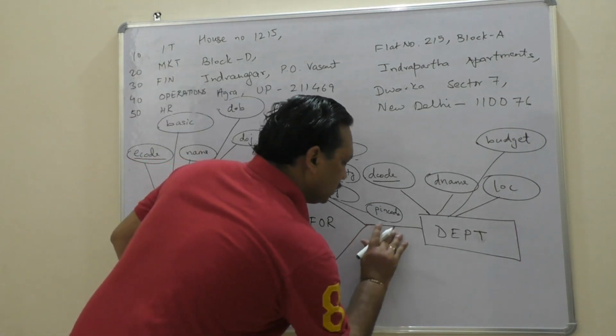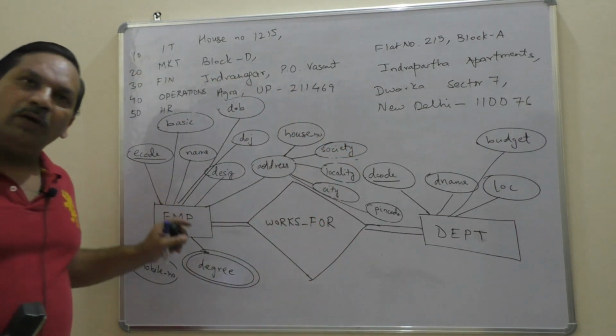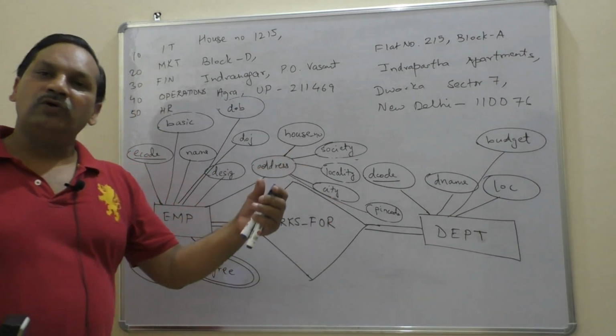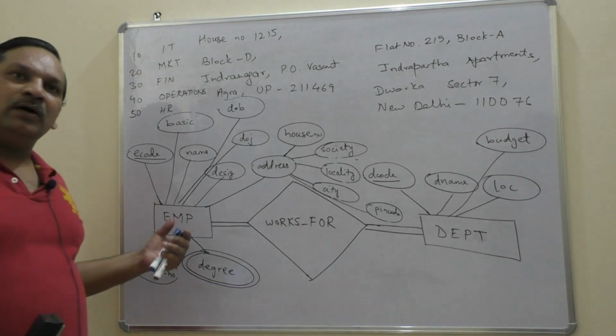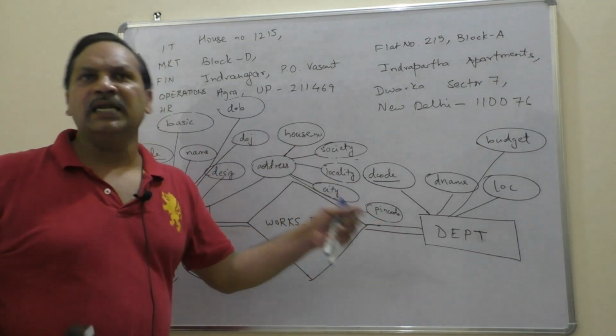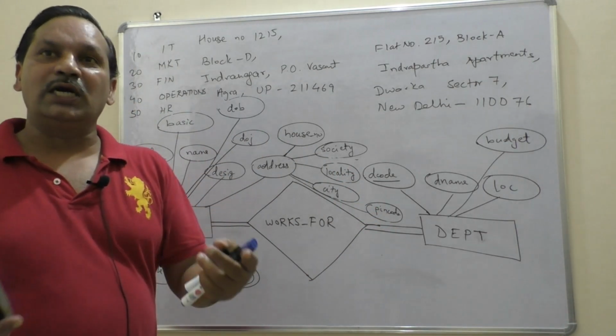Why is this total participation? Because there is no employee who does not work in some department, and there is no department in which employees do not work. That means there are many employees working in a particular department, and every department has a certain number of employees associated with it.